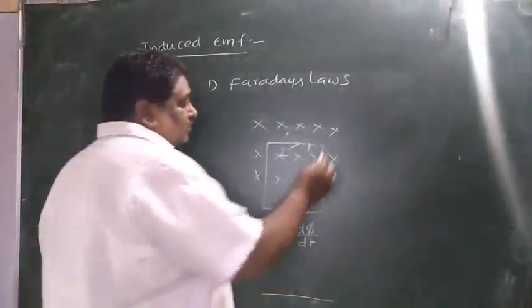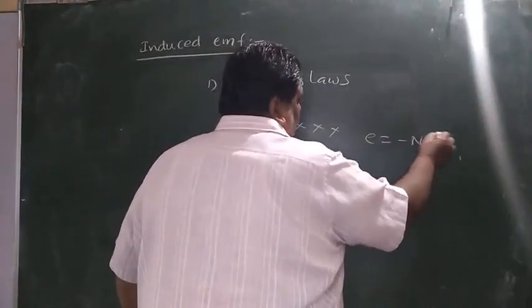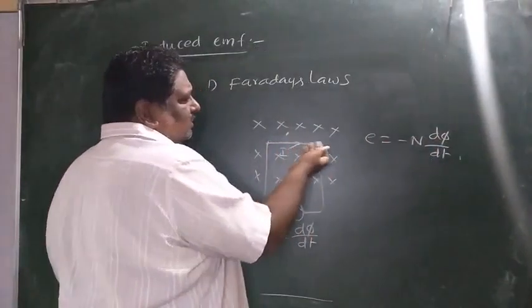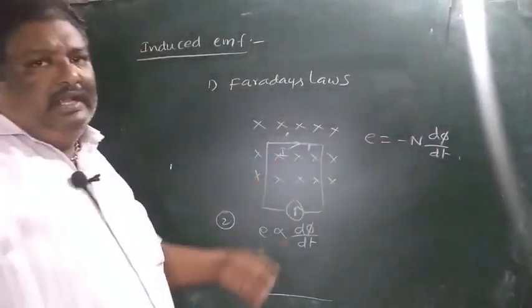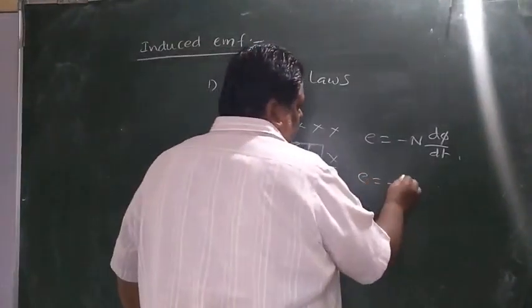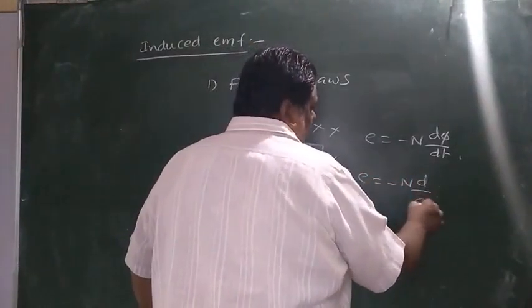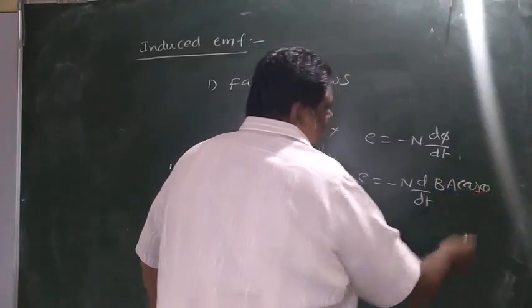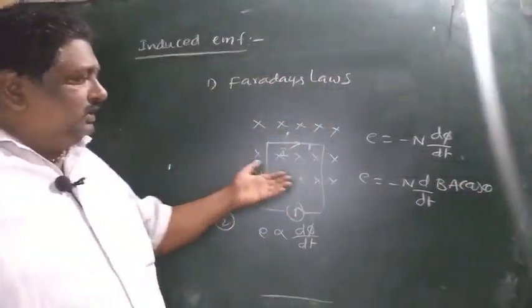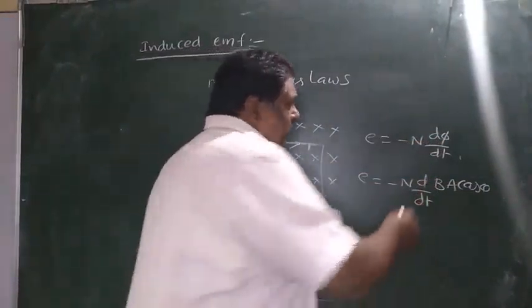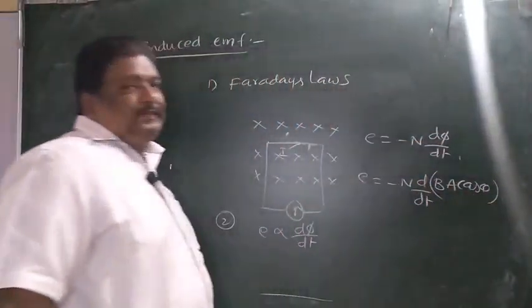E is equal to N into d phi by dt. Here N means number of conductors. Of course here one conductor is taken, no problem. Therefore E is equal to N into d by dt of BA cos theta.